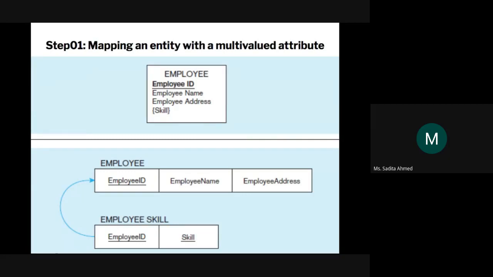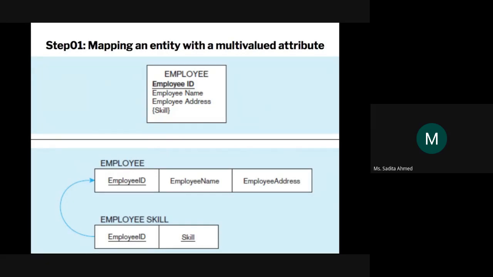However, in a relational data structure, we know that every single relation must have a primary key. প্রত্যেকটা রিলেশনের primary key থাকতেই হবে। So we combine the ID and the skill. Combine ID and skill, that's right. Because while employee ID alone will not be unique, while skill alone will not be unique, if we combine the two together, it will be unique.